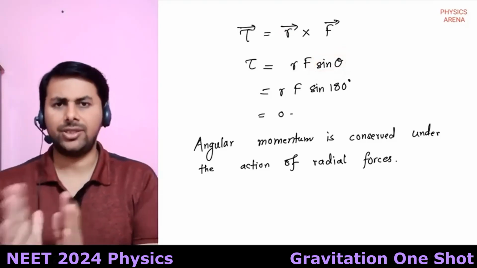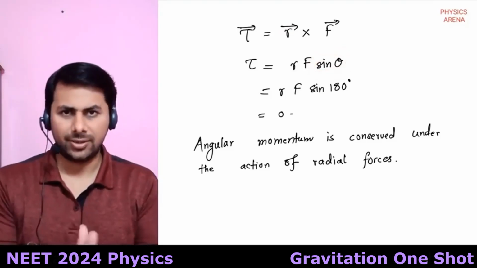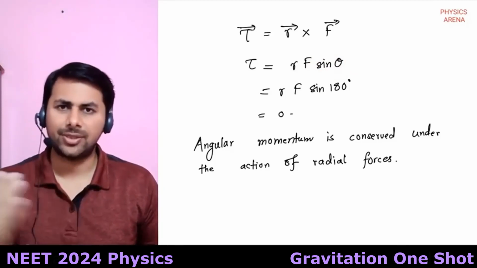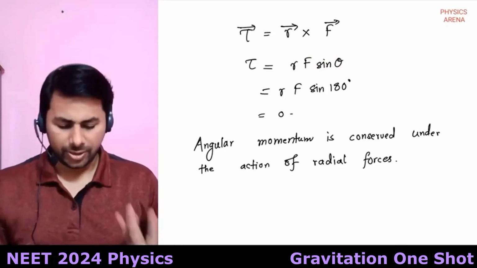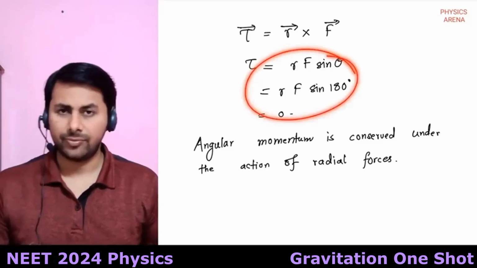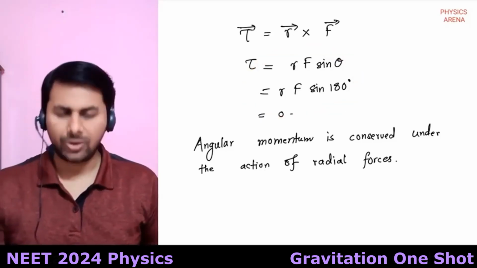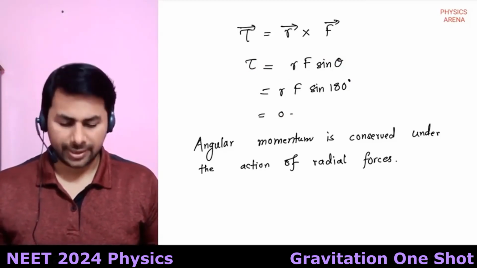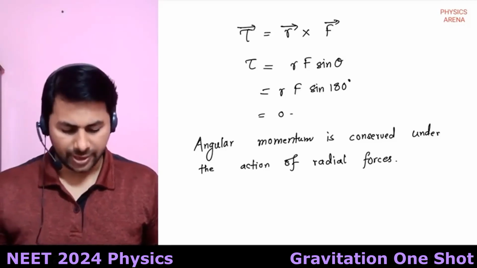Here theta is either 0 or 180 degrees. If it is attractive force, it will be 180 degrees. If it is repulsive force, it will be 0. So torque is 0 for radial forces, and therefore angular momentum is conserved. So this will happen in case of radial forces.